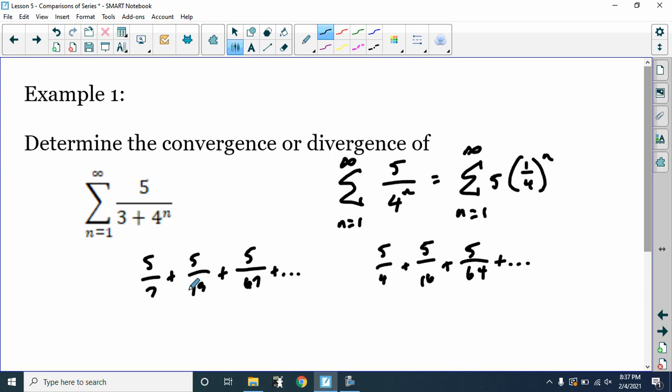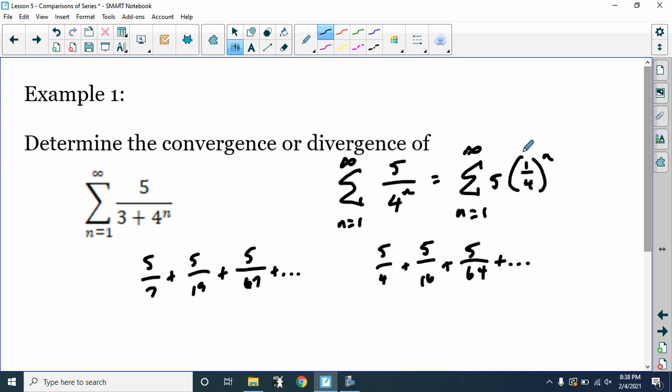Notice the denominators on this one are bigger than the denominators on this one. I'm dividing by a bigger number. All the terms in this series are going to be smaller, which makes sense because I'm adding 3 to the bottom. So if I add 3 to the bottom, my denominator in this series is always going to be bigger. So every term in this series is smaller than every term in this series.